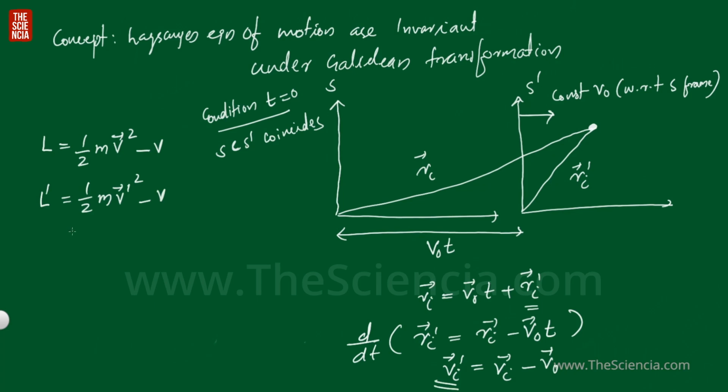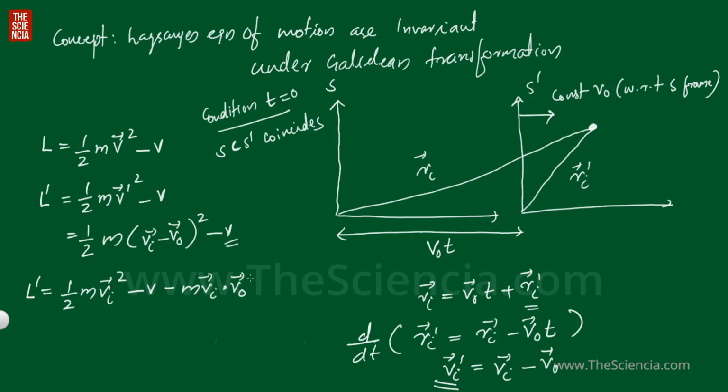Here we know v prime is equal to vi vector minus v0 vector, so L prime is 1 by 2 m (vi vector minus v0 vector) all square minus V. So I am expanding this term, that I get L prime equal to 1 by 2 m vi vector square minus V, minus m vi vector dot v0 vector plus 1 by 2 m v0 vector square.